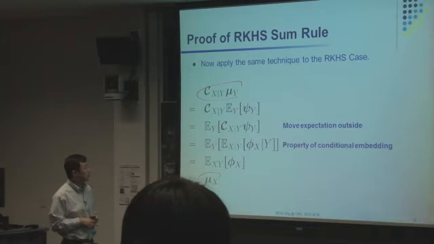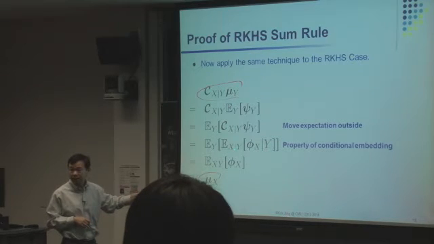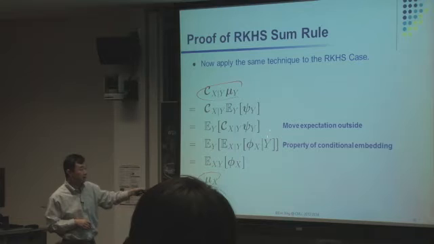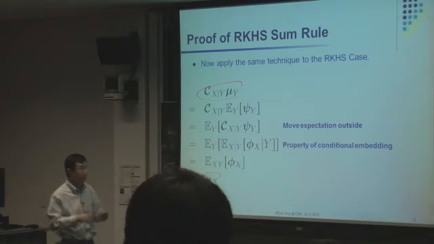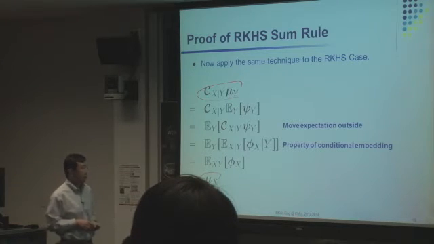And by definition, this corresponds to this one, right? Taking the expectation over the feature map of x under this conditional distribution of x given y, and then having the y value being conditioned on as a slicer. So this is the definition of conditional embedding.